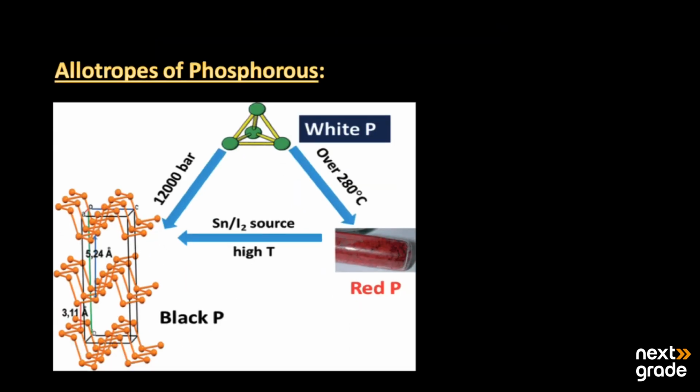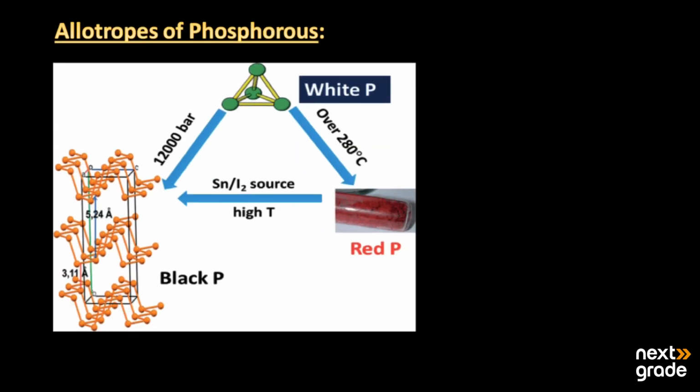And here we have the allotropes of phosphorus. Basically, when we talk about the allotropes of phosphorus, phosphorus can exist in at least 3 to 6 different allotropic forms. First of all, you must know what is meant by allotropes.